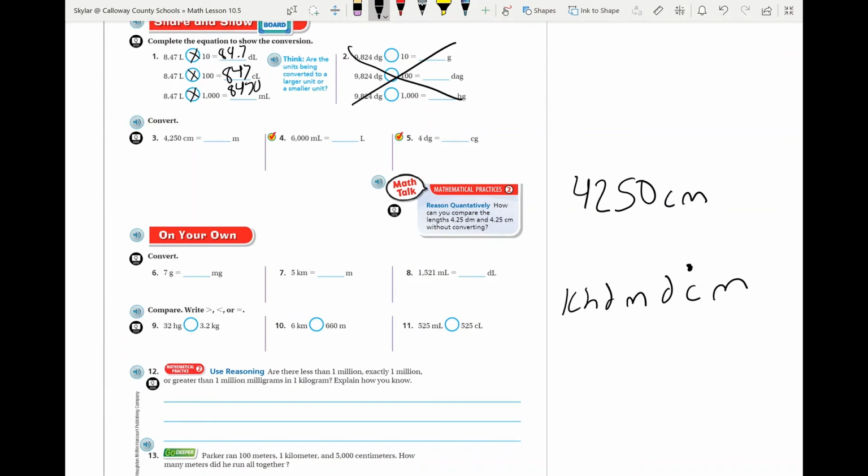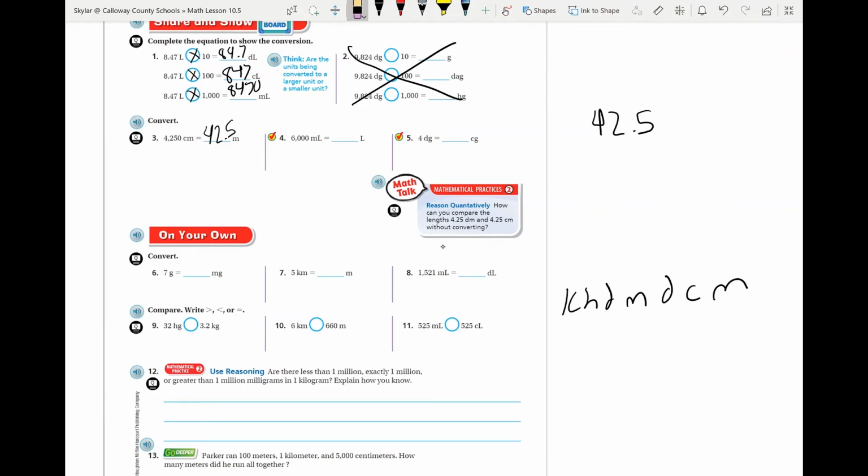If that was millimeters, that would be mm. It's just 1 m, so it's just meters. So 1, 2. We moved 2 to the left. So 1, 2. 42.50 centimeters. Or excuse me, 42.5 meters. And that's all she wrote for that problem.